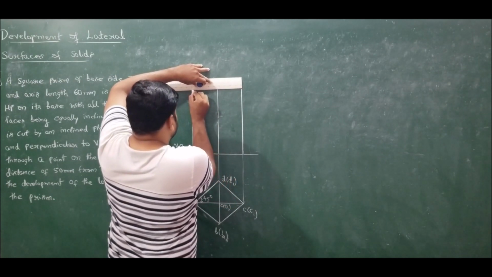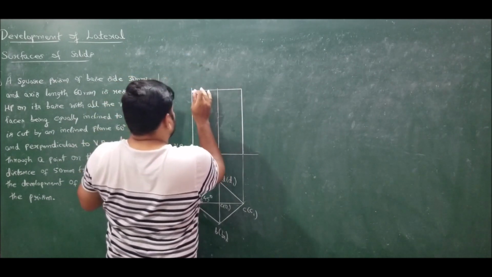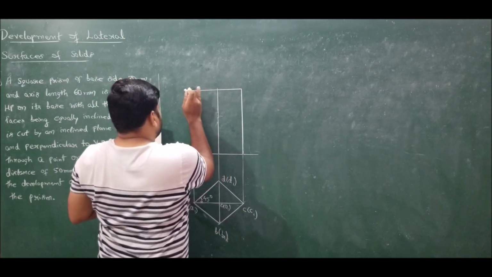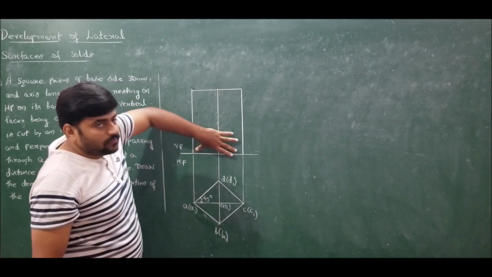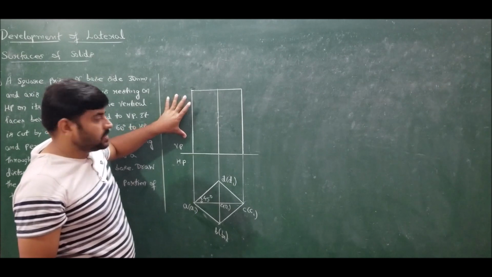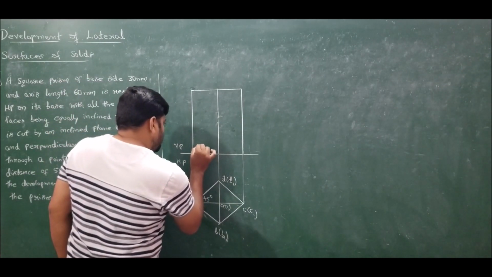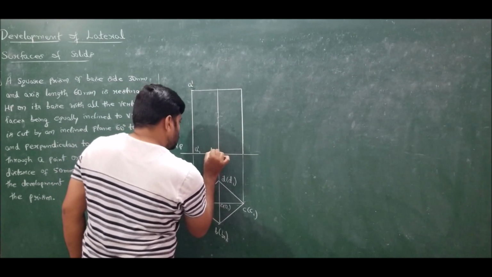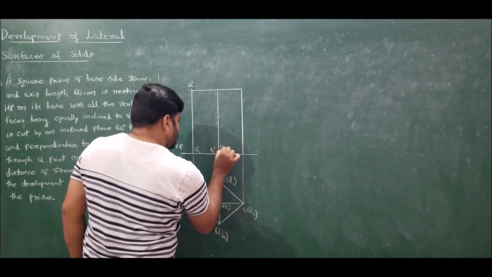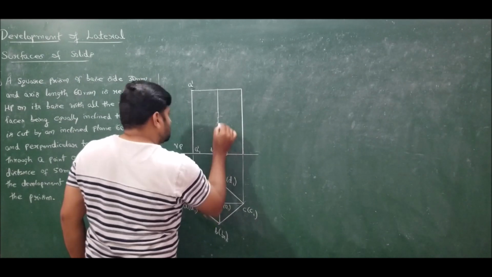Now if I connect, we will get the front view, which is a rectangle of dimension the diagonal of the square versus 60 millimeters. Now if I mark, this will be A1 dash and this is A dash. Here I will get B1 dash, O1 dash is invisible, and also D1 dash is invisible.